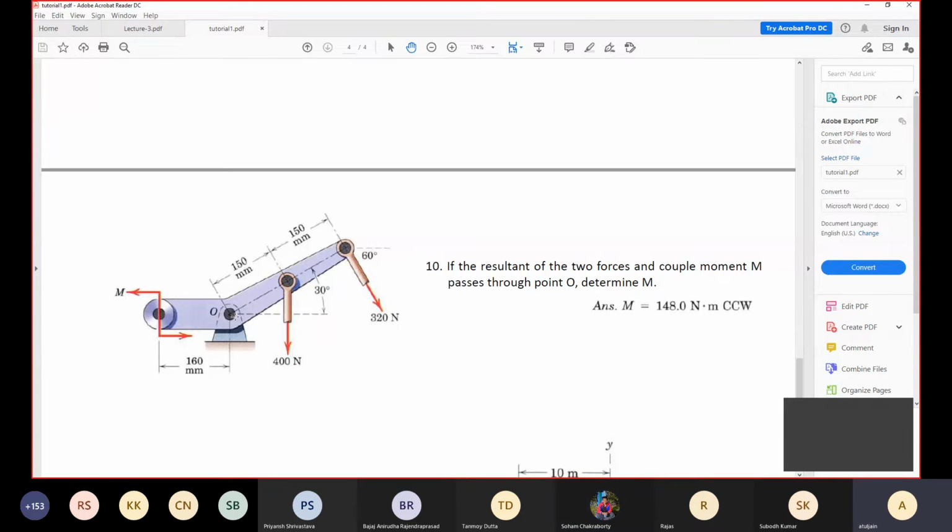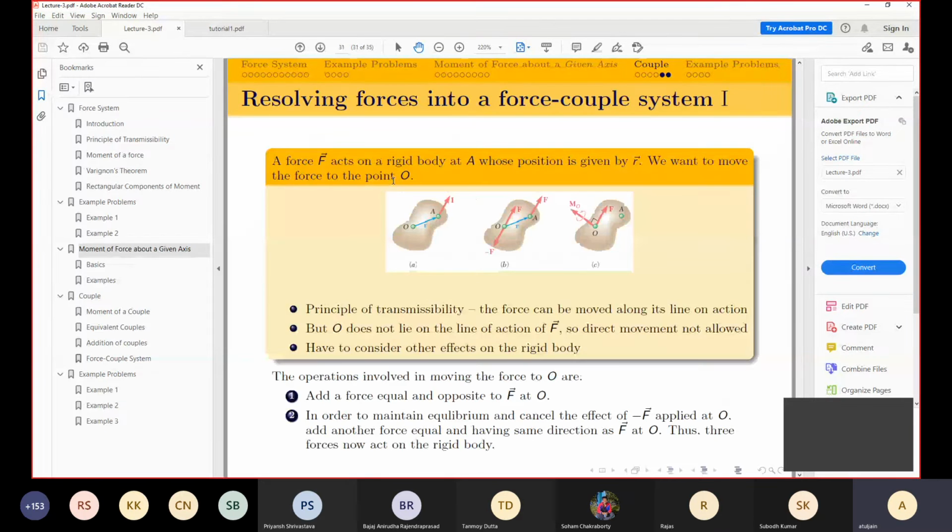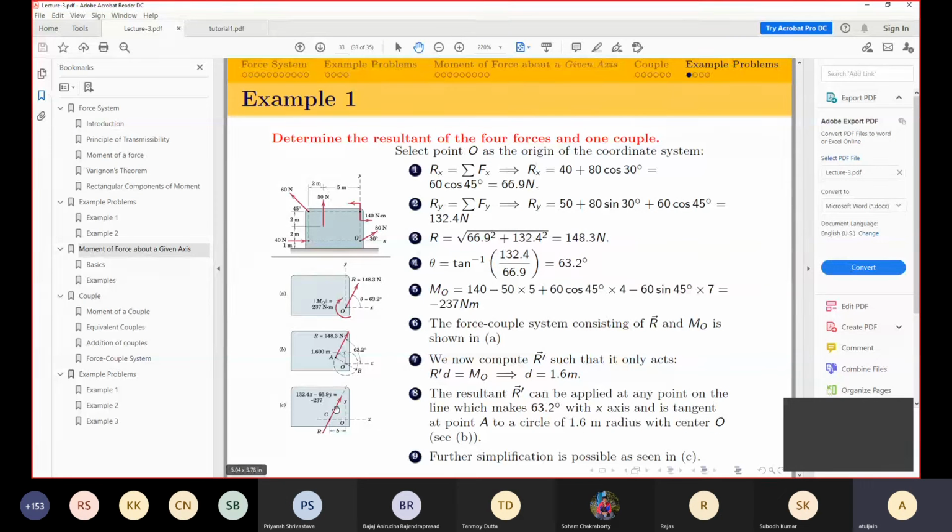It is not a force and a couple. Remember in the presentation we discussed, so basically this is saying that at point O, there is only a force. The entire resultant passes through O.